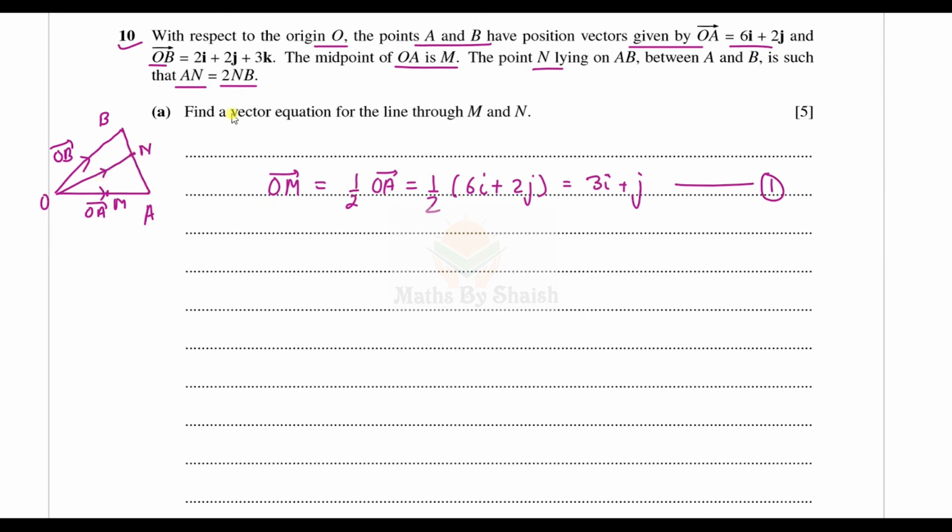For the ON, what we'll do, we will find AN first, and AN vector we can take as 2 times NB vector, and we know that if it is 1 and it is 2, then this portion will be 2/3 of the whole.